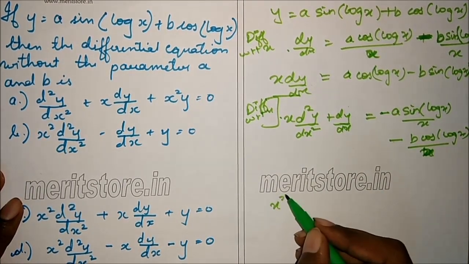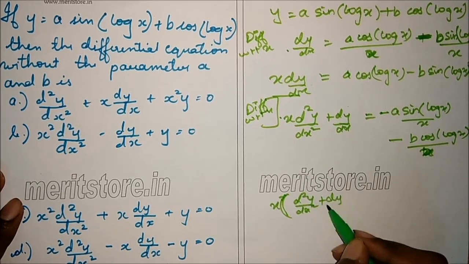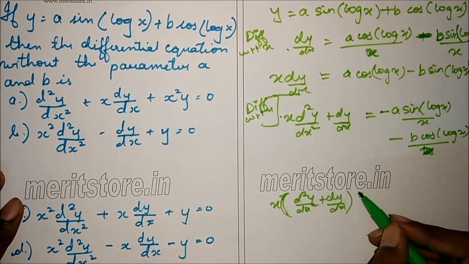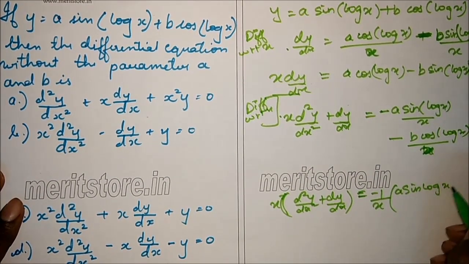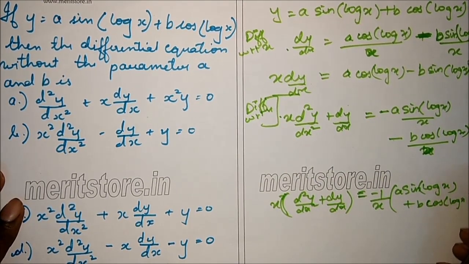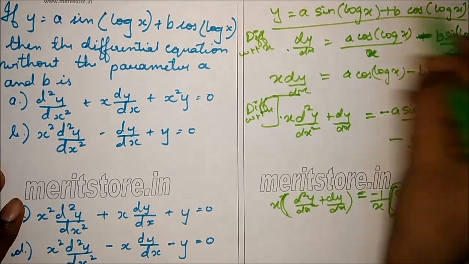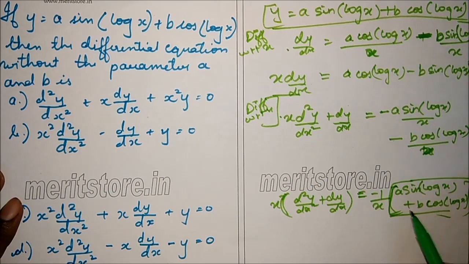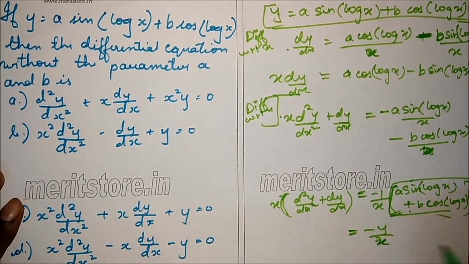So x into d2y by dx square plus dy by dx equals minus 1 by x into a sin log x plus b cos log x. Now if you notice, this term is equal to y, so we can substitute the whole term as y. So this is nothing but minus y by x.